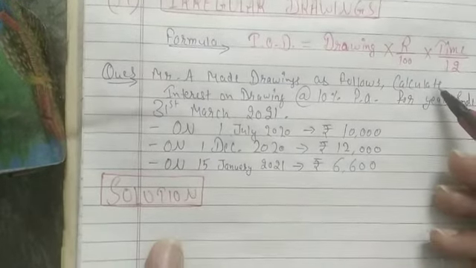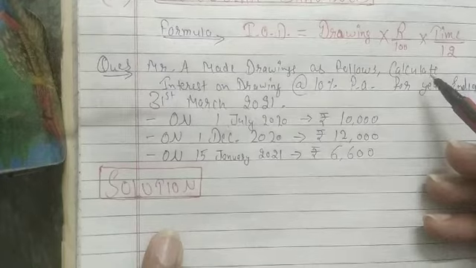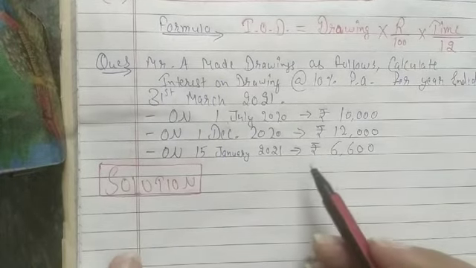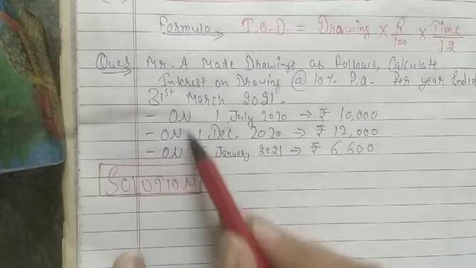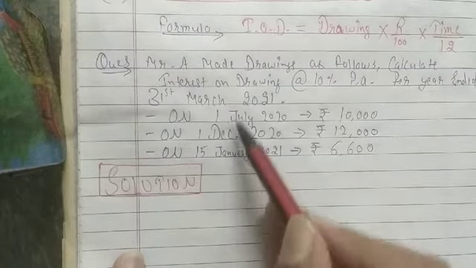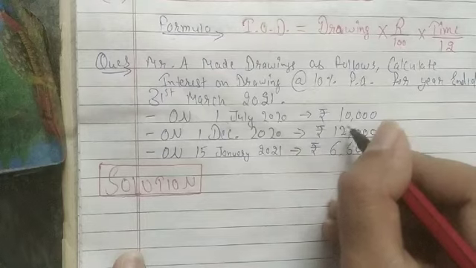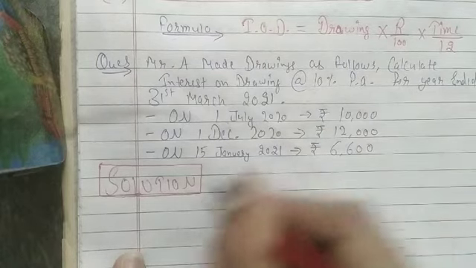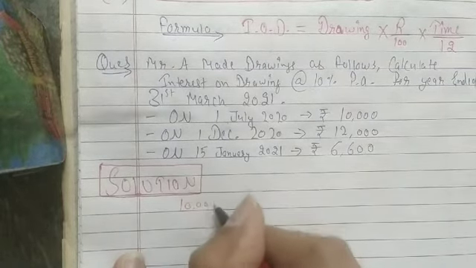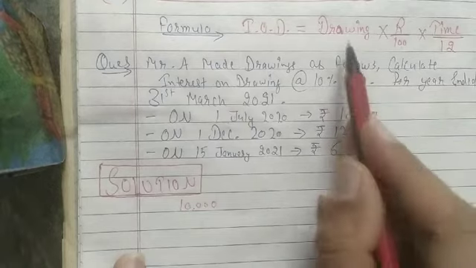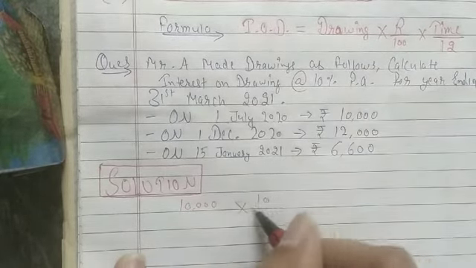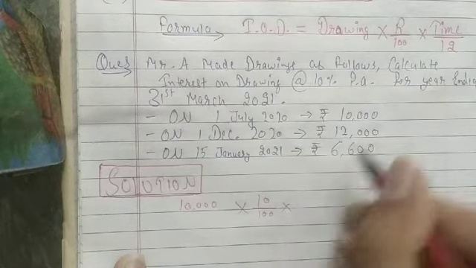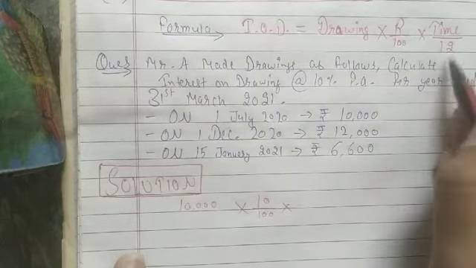Now see how to solve the case of irregular drawing. In case of irregular drawing, we will calculate interest one by one on all drawings separately. So firstly we are calculating interest on drawing on 10,000. See the formula, drawing 10,000 into rate is given in the question 10%, so 10 upon 100 into time upon 12.